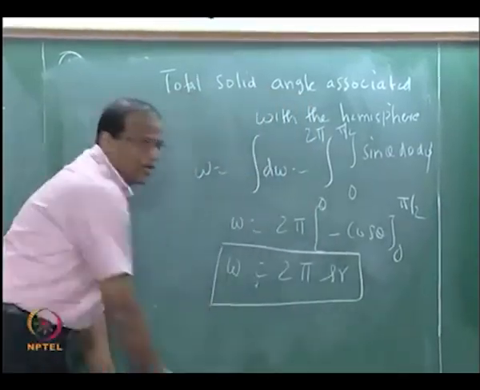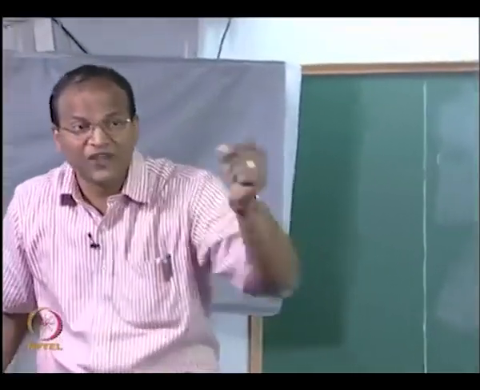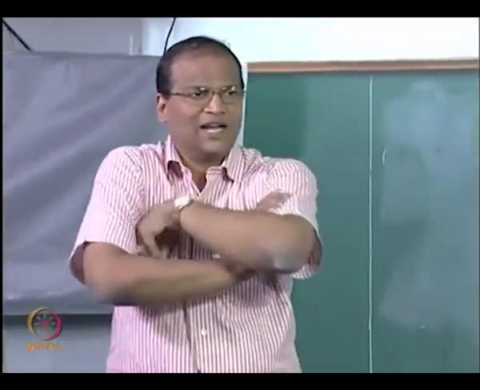So therefore the total solid angle associated with the hemisphere is 2 pi steradian, the total solid angle associated with the sphere will be 4 pi steradian.